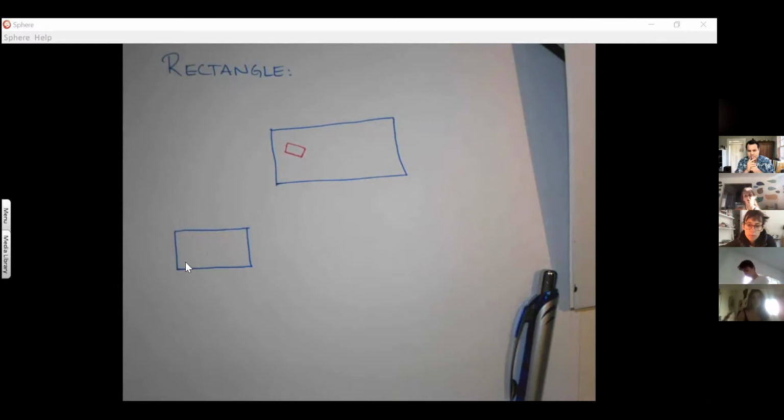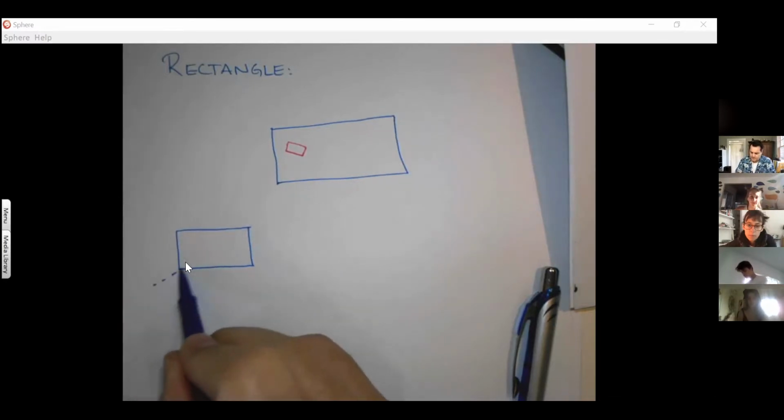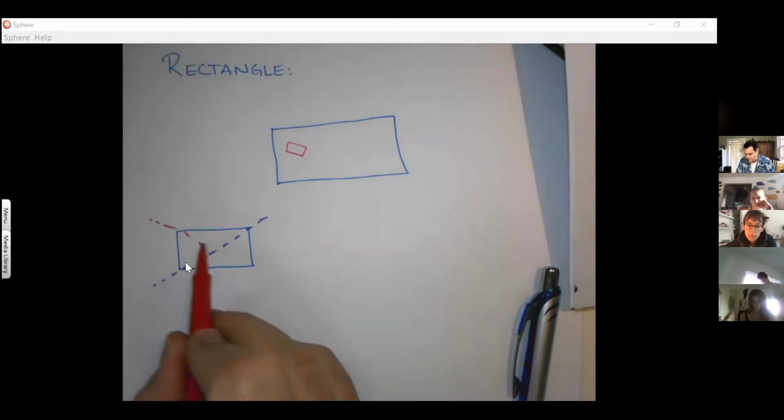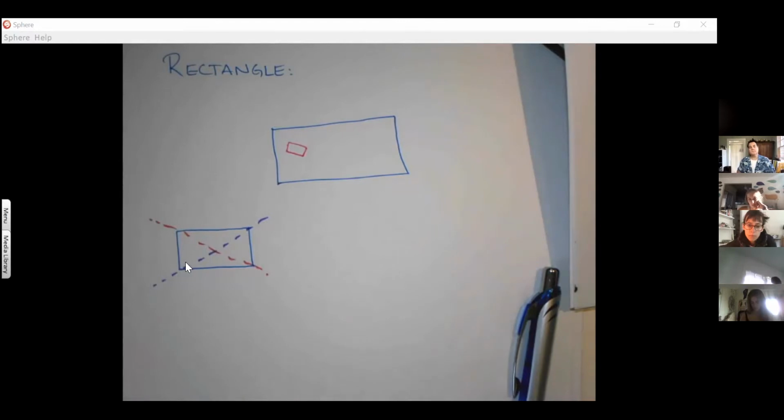Go from corner to corner diagonally. You guys agree that that would slice it in half, and you'd end up with two triangles, each the same size. And I could do that same thing from the other diagonal, couldn't I? Is that it? Are those the only ways I can cut these things in half? What else?